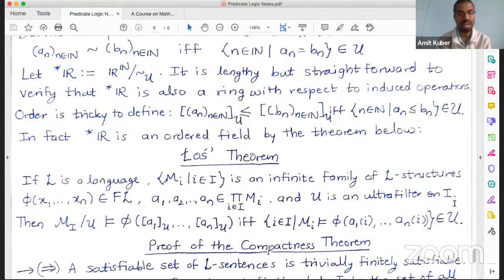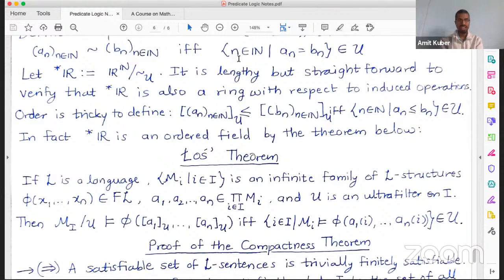And U is an ultrafilter on I. Then the formula phi is true in the ultraproduct at the equivalence classes of a_1, a_2, ..., a_n if and only if the set of all indices where phi is true in the ith structure M_i at the corresponding coordinates is a large set, which means it belongs to U.